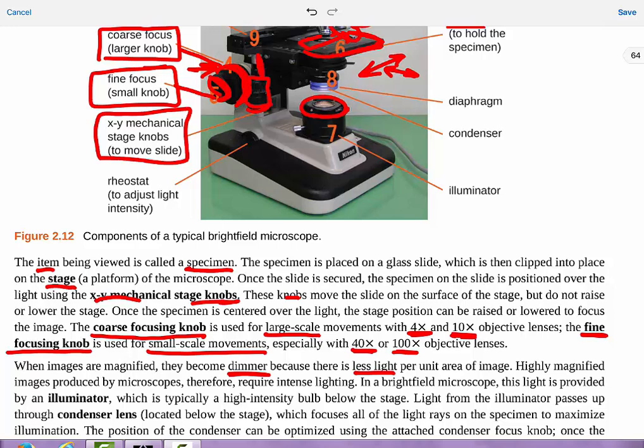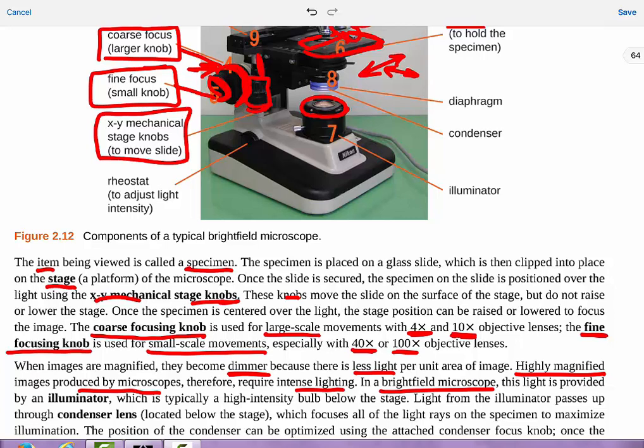But it's just because you're focusing in a smaller and smaller area, and so there's less light per unit of that area. Highly magnified images produced by microscopes therefore require very intense lighting. So things that can focus in even more need a really intense light in order to make sure that there's enough light in there.